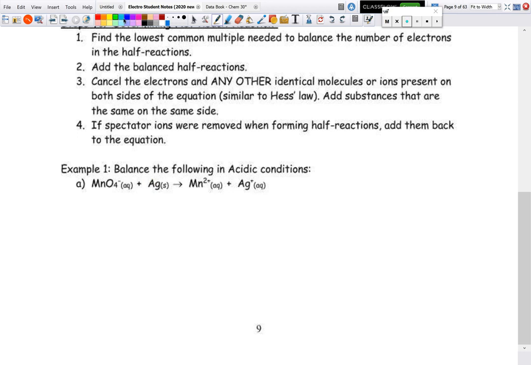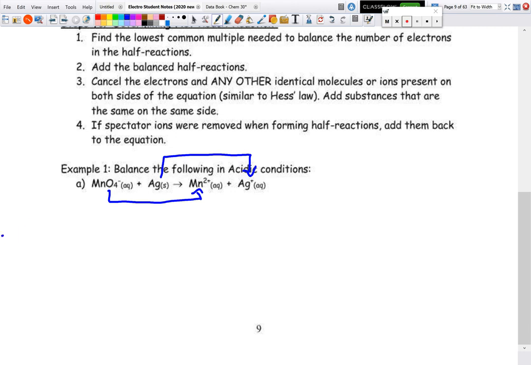So for that first step, writing out the unbalanced half reaction, we are going to look at what is happening to, specifically here we can tell, permanganate going to manganese 2+. This is an unknown half reaction, and same thing, we have silver going to silver+. So these are two half reactions.